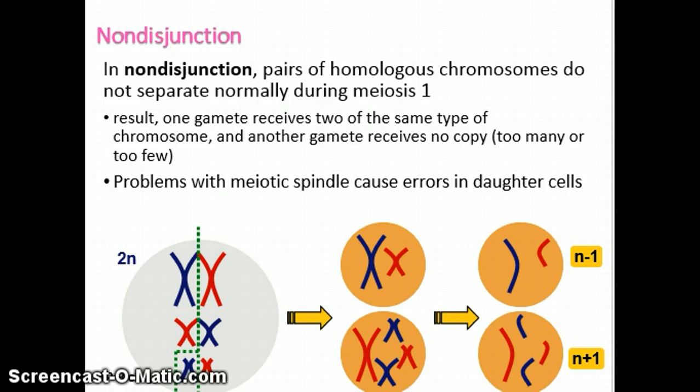And this is usually the result of a problem with the meiotic spindle in terms of how this error occurs in the daughter cells. So you can see here the results, a very simple drawing.